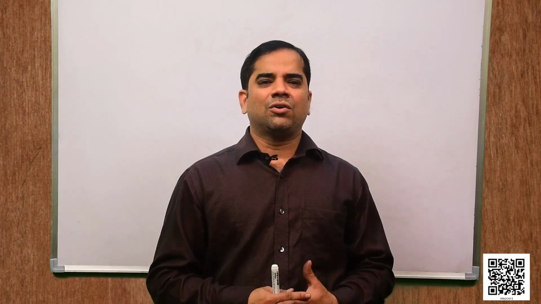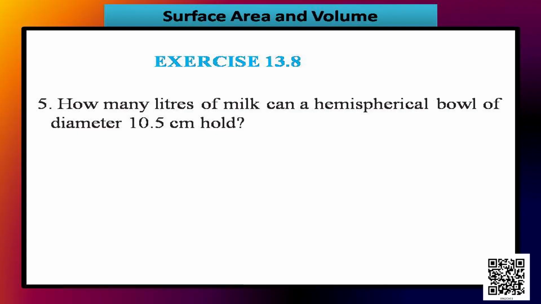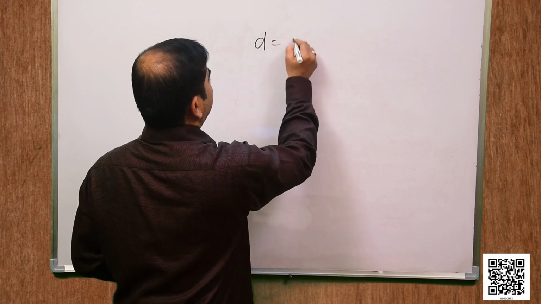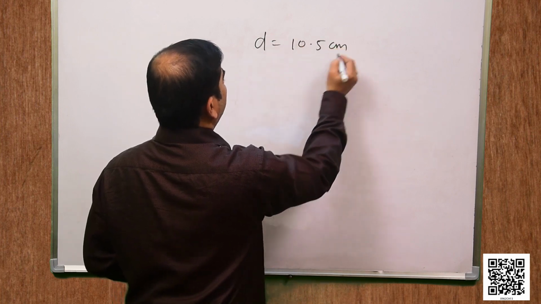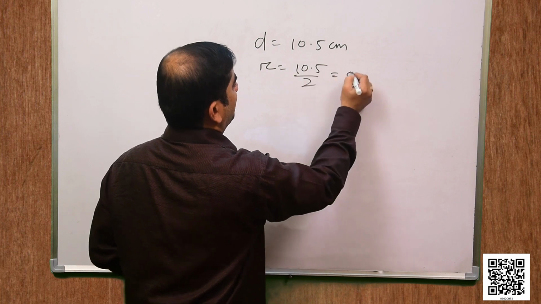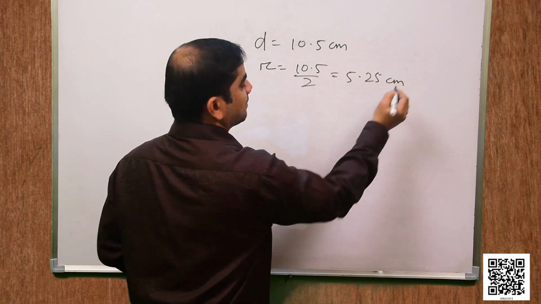Students, let us now solve question number 5. It says, how many liters of milk can a hemispherical bowl of diameter 10.5 centimeter hold? Let us solve the question. As per the question, diameter is given as 10.5 centimeter. That means radius is equal to 10.5 by 2, that is 5.25 centimeter.